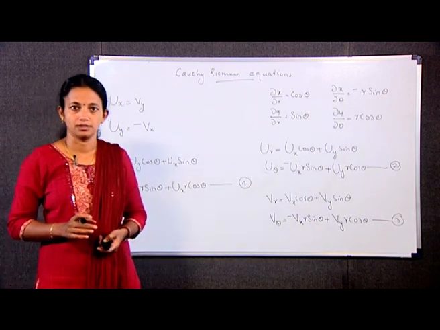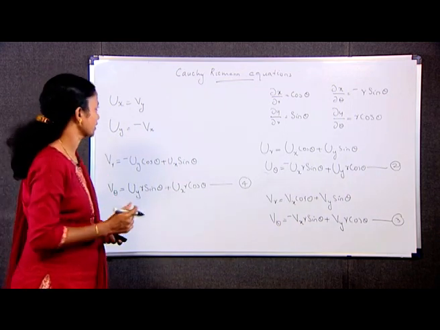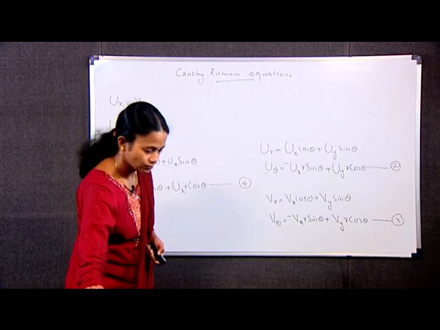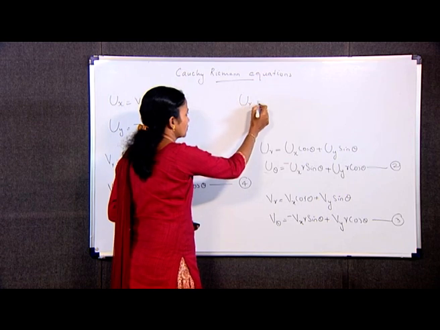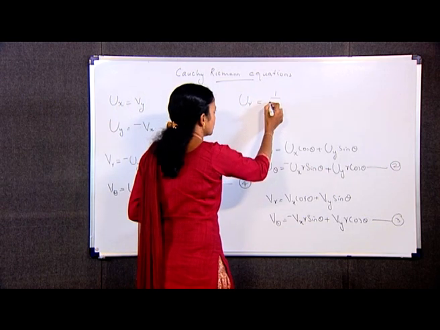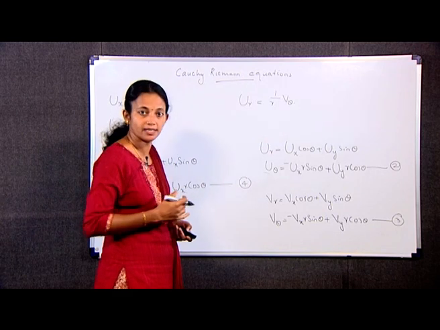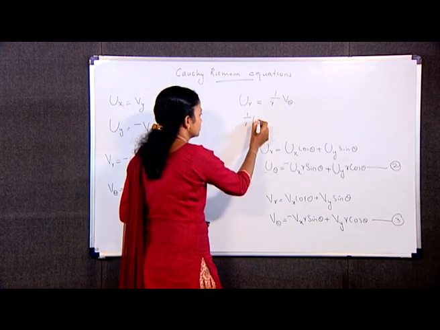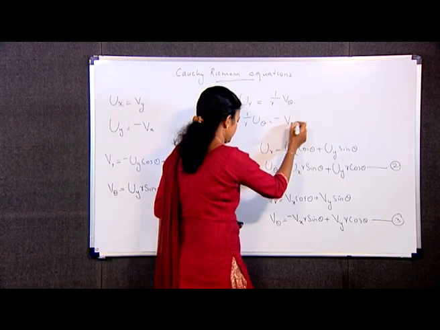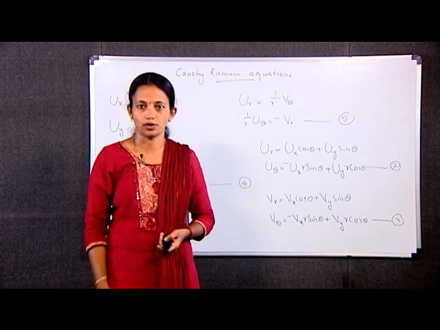And at that point, it is then clear from equations 2 and 4 that u_r is equal to 1 by r V_θ and 1 by r u_θ is equal to minus V_r, at that point z naught.